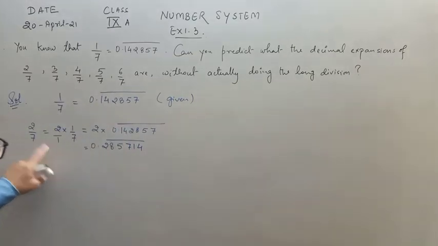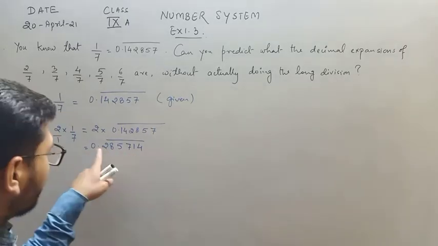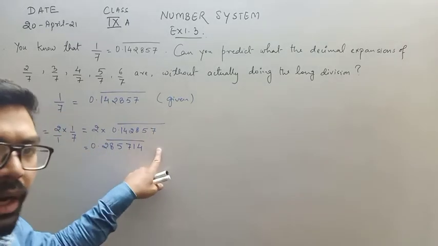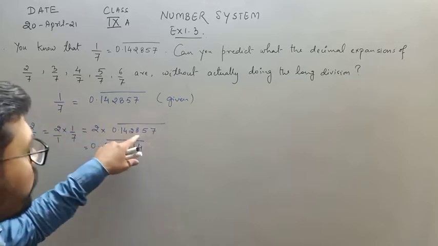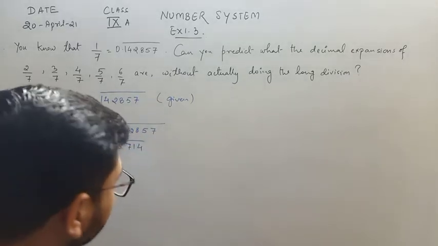So without doing long division of 2 by 7, I directly write the answer 0.285714 bar, because I know the value of 1 upon 7, which is equal to 0.142857 bar, right?